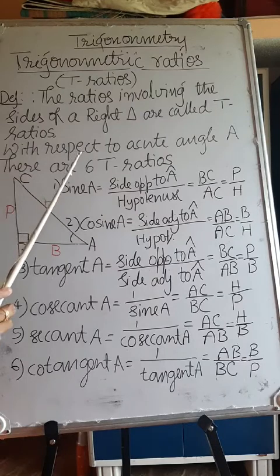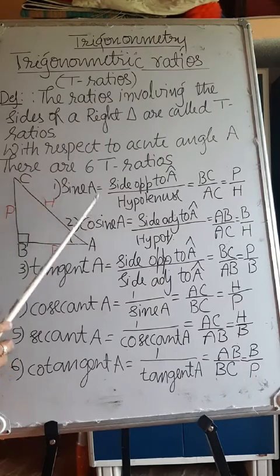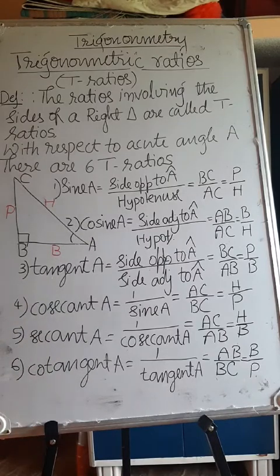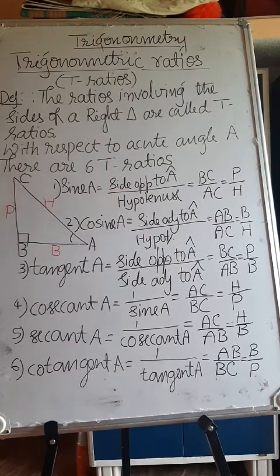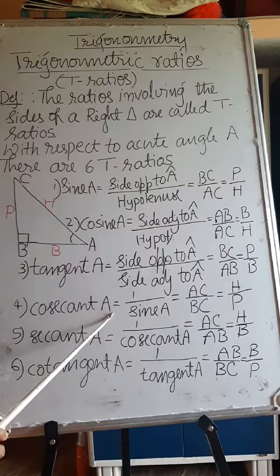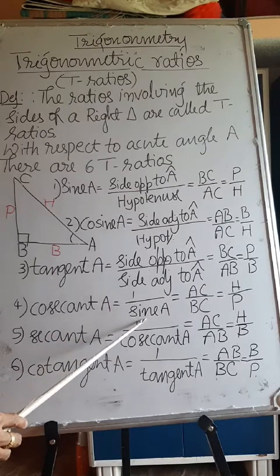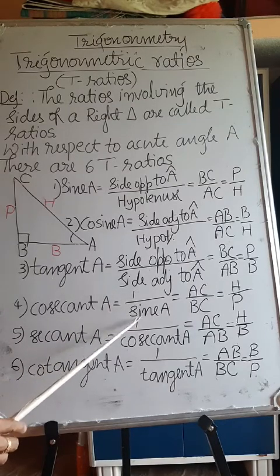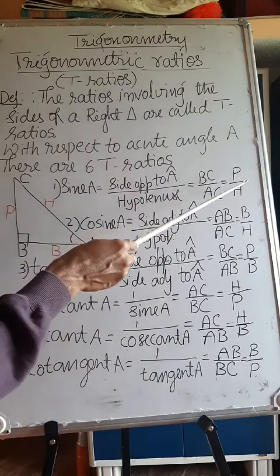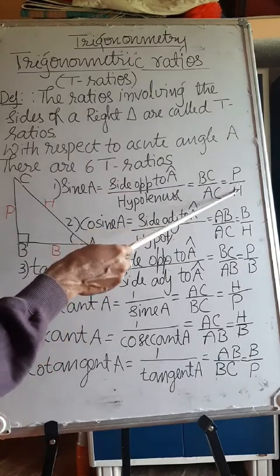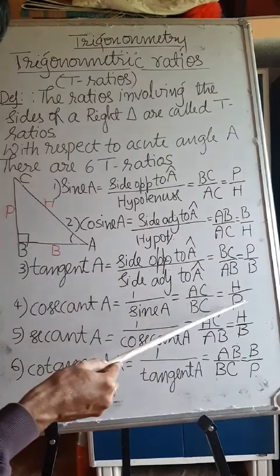One thing I want to make clear at this stage: if you understood the ratios for sine A, cosine A and tangent A, the remaining three ratios you can write very easily. How? Look at this. Sine A, cosine A, tangent A, you have written already. Now the fourth one, cosecant A. What do you mean by cosecant A? Cosecant A is the reciprocal of sine A. Sine A is perpendicular by hypotenuse, so its reciprocal is hypotenuse by perpendicular.